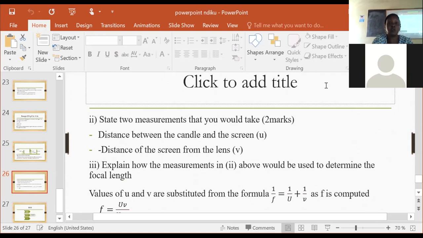Or you can even calculate the magnification, do a graph of magnification against the image distance and calculate f. All those answers, all those workings which can be done, are taken care of. So use all the apparatus which you are given and don't use your own apparatus. Then get the correct measurements and answer the question.